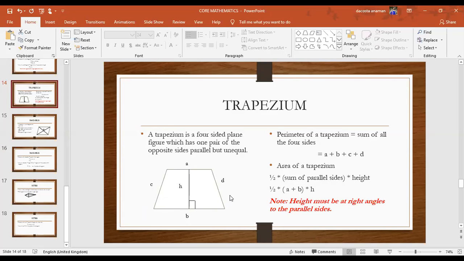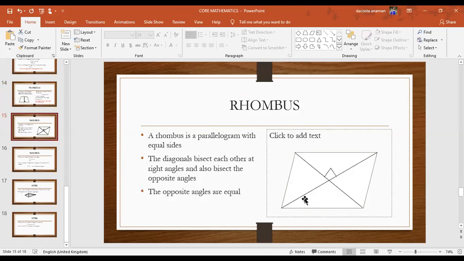So what if the diagonals were not equal? If the diagonals inside the rhombus are not equal, you still add them, because they add up to one long diagonal. We are not talking about this short one. This short diagonal does not fit the description of bisecting each other and also bisecting the opposite angle.